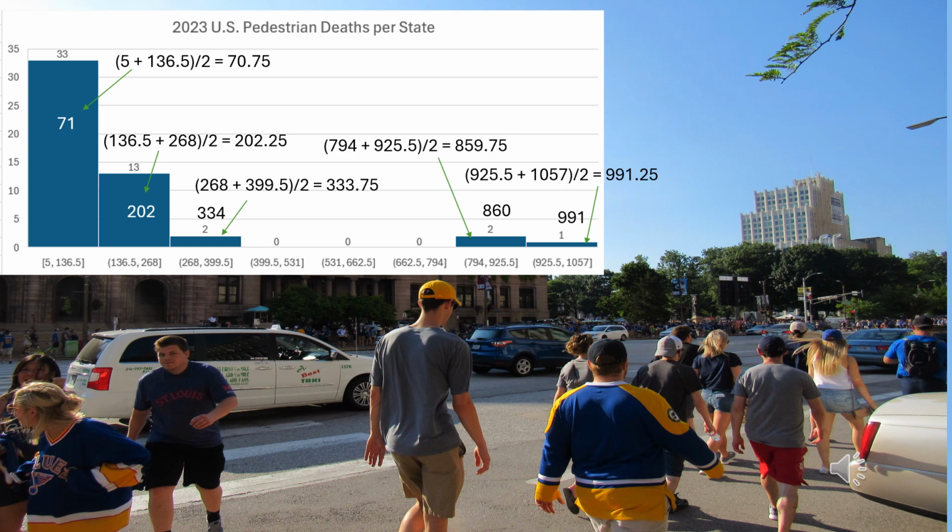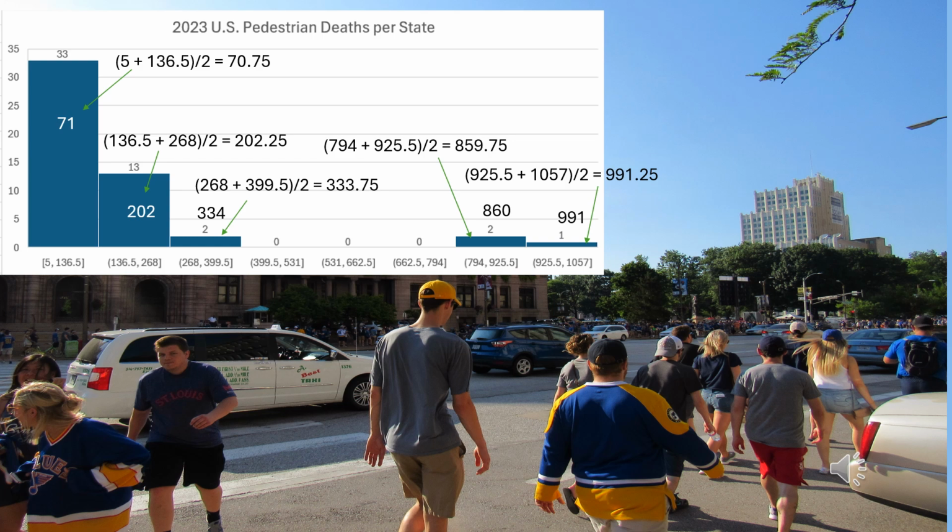What we are going to do is find the middle of each of the categories. The first category goes from 5 to 136. Excel actually listed it from 5 to 136.5. So I'm going to use the actual values that mark the beginning and end of these categories, even though we have whole data.